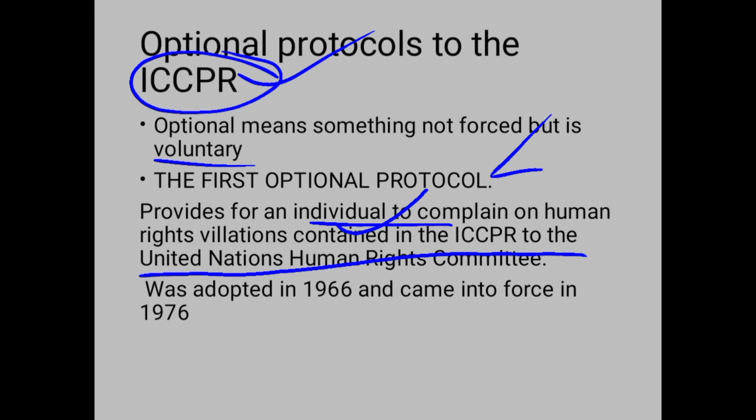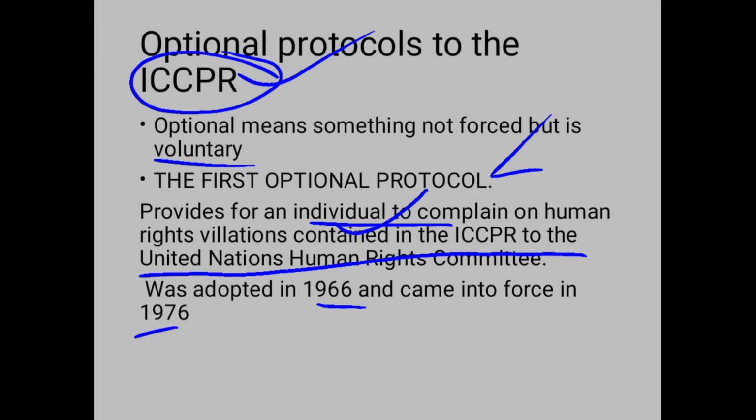It was adopted in 1966, but came into force in 1976. So this one is not forced, it's not mandatory that everyone should complain to the United Nations Human Rights Committee. That can only happen if the country has ratified it, if the country is a party to the treaty or to the protocol.